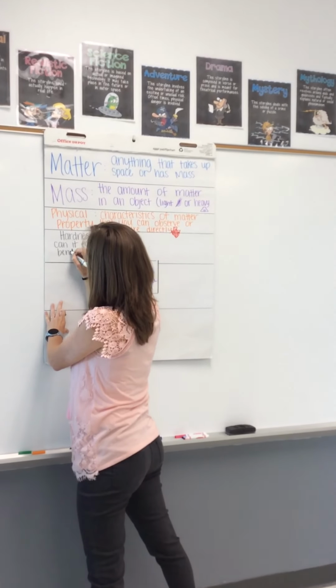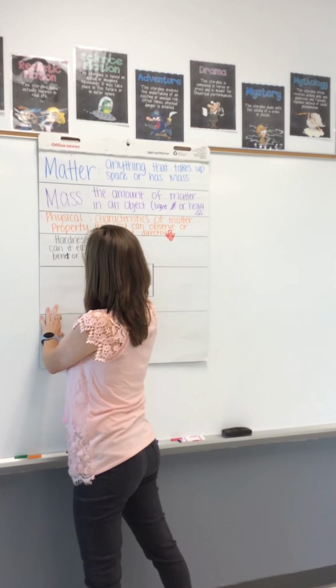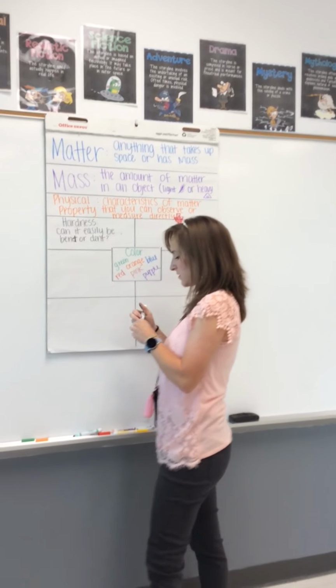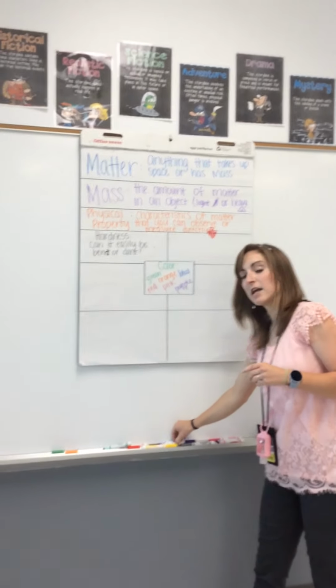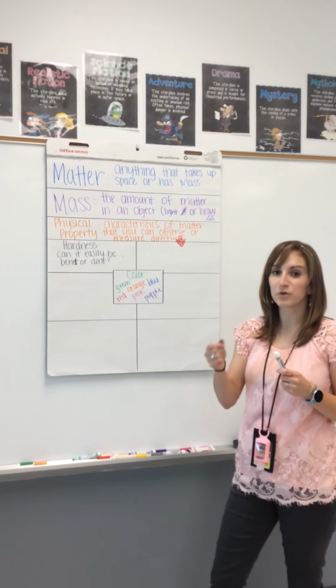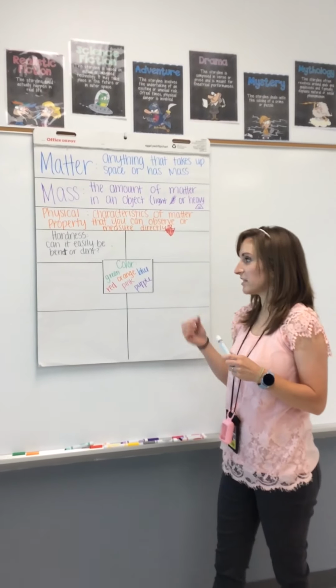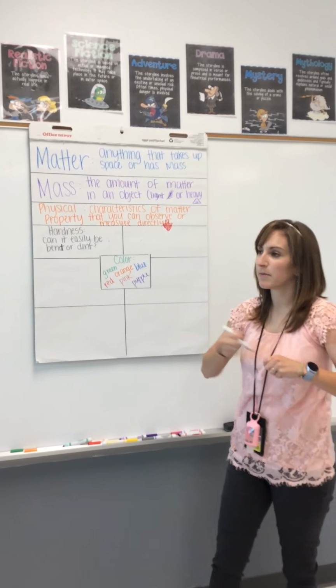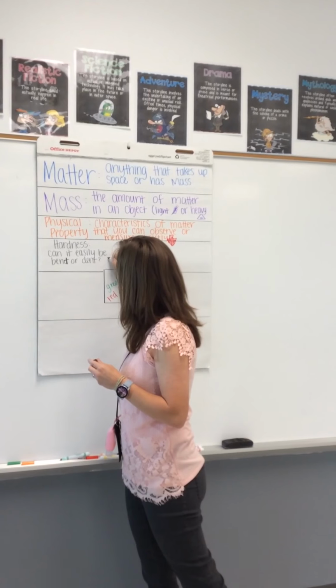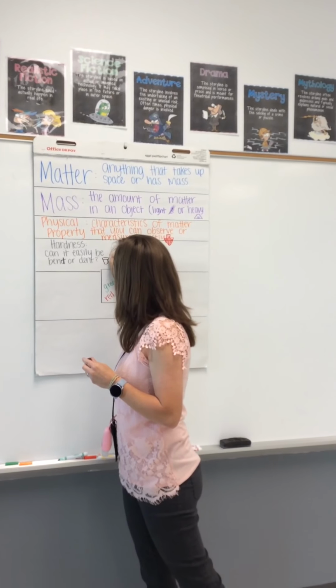Bent or dent. So something like a nut or an acorn, for instance, is really hard. So it has a lot of hardness, and it cannot easily bend or dent. I'm going to draw a little acorn here. Remember, I'm not an artist.